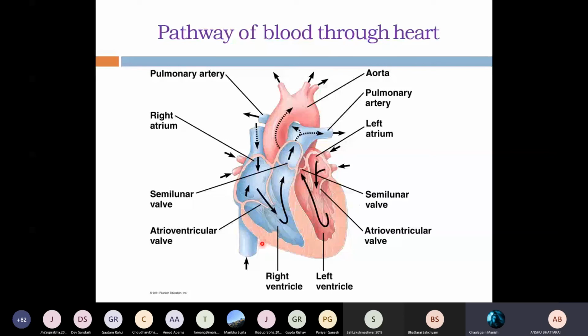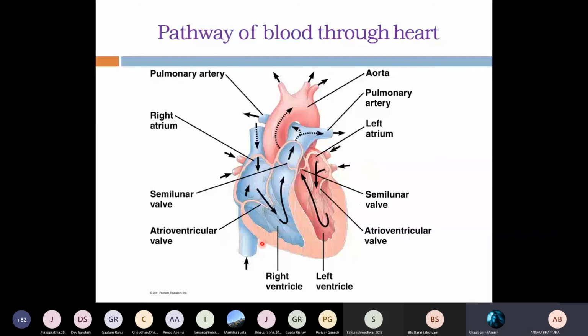After it gets oxygenated by the lung alveoli, it returns to the left atrium by the four pulmonary veins, and then through the bicuspid or mitral valve and the left atrioventricular orifice, it enters the left ventricle.